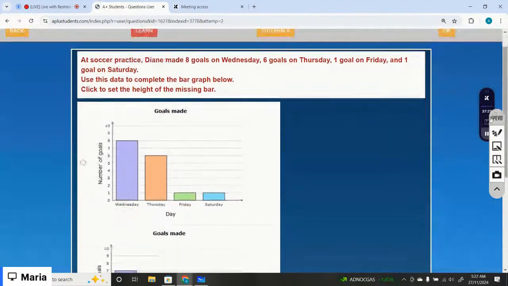At soccer practice, Dan made 8 goals on Wednesday, 6 goals on Thursday, 1 goal on Friday, and 1 goal on Saturday. Use this data to complete the bar graph below. Click to set the height of the missing bar.